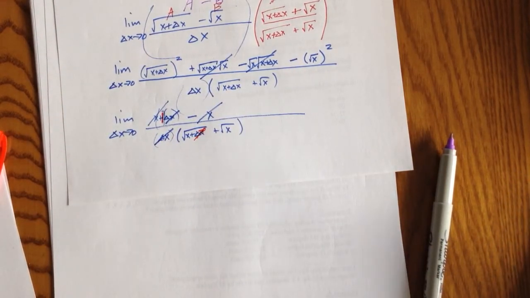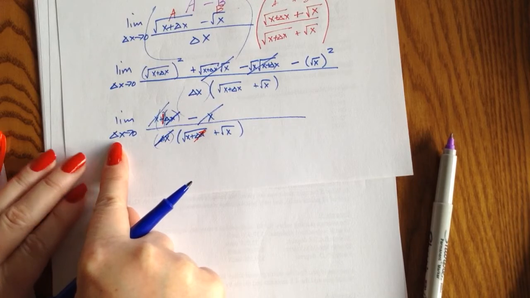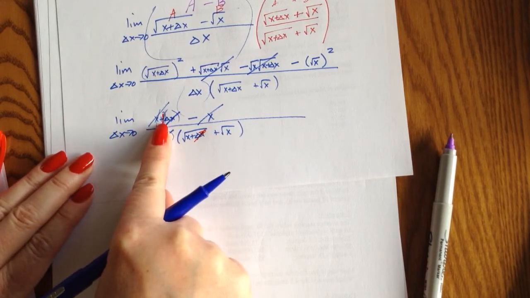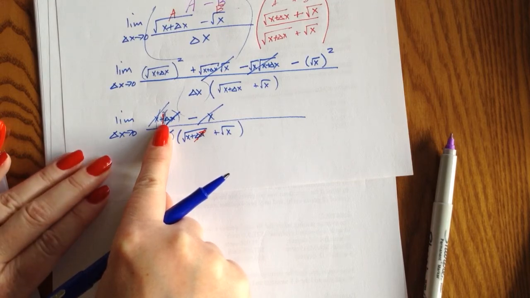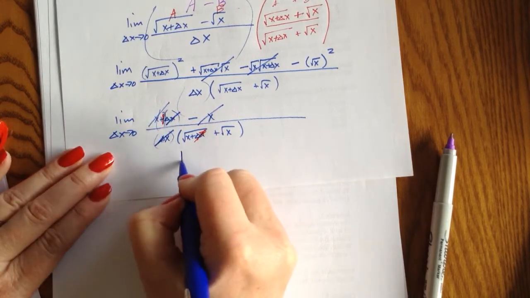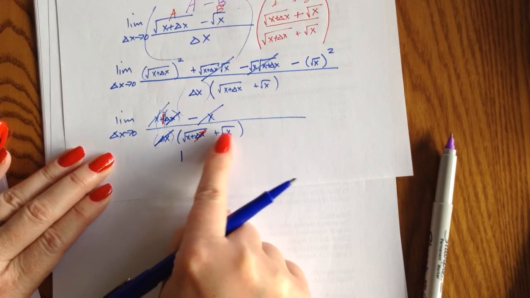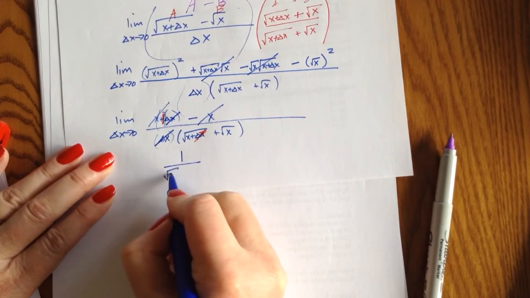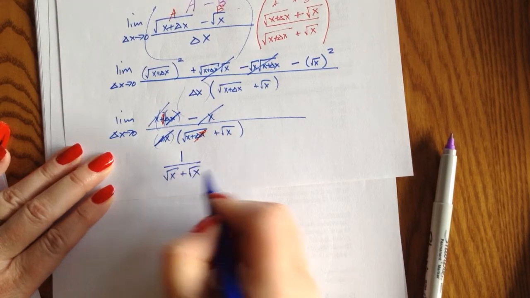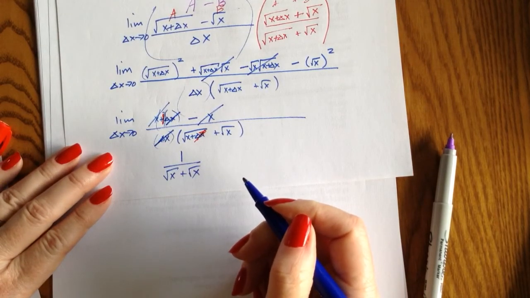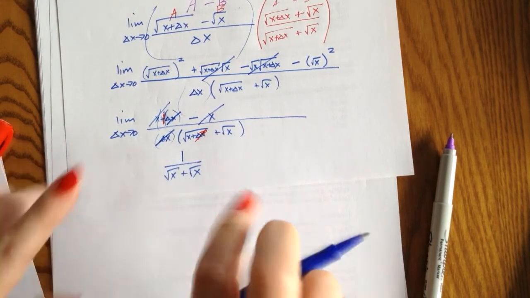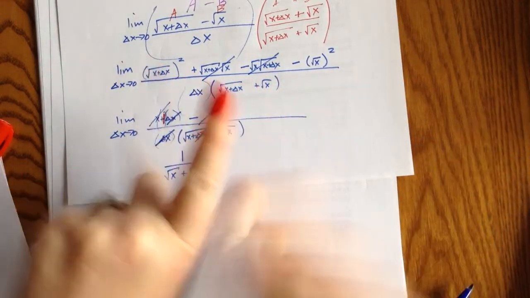So what's left? Well, we've let the limit apply. So now we just have a 1 in the numerator. It's not a 0 up there. It's a 1. And in the denominator, I have square root of x plus square root of x. Campers, you're adding, not multiplying. That's 2 of those. 1 plus 1 makes 2.